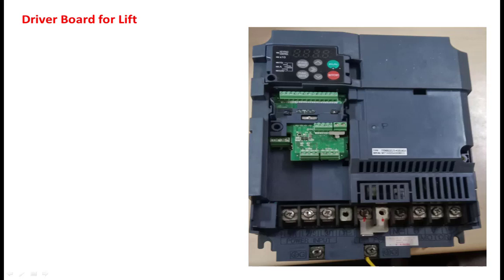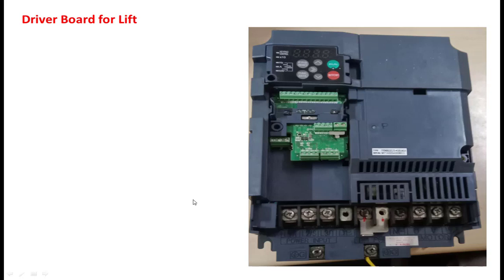These three terminals you have to connect to the three-phase supply. Now some remaining connections should also be given to this driver board. Only then can it give the pulses to the inverter. See here, you can see these pins. These pins, and these pins, and these pins we are going to connect to the microcontroller, which is connected to the sensors.